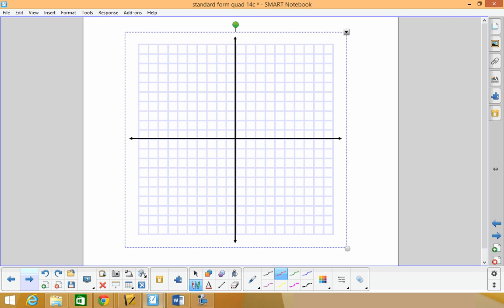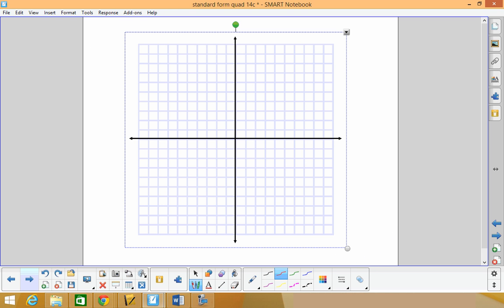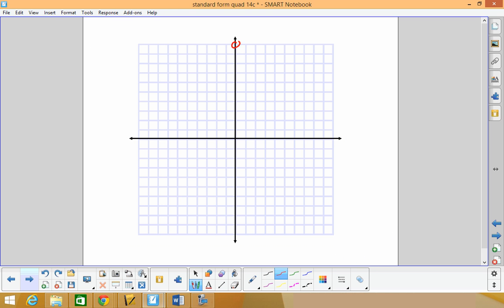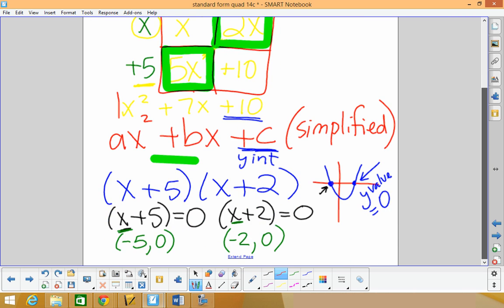Alright, so far we've got a y-intercept. Our y-intercept is 10. So 1, 2, 3, 4, 5, 6, 7, 8, 10. There's my y-intercept. Okay. What are the x-intercepts? Well, we just said they were negative 5, 0, and negative 2, 0.